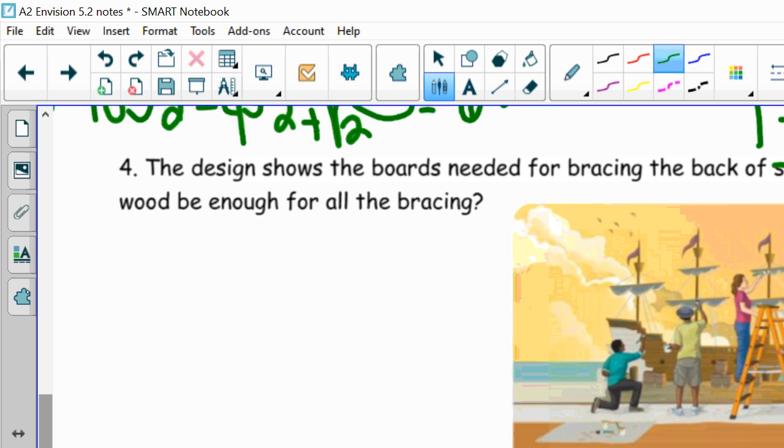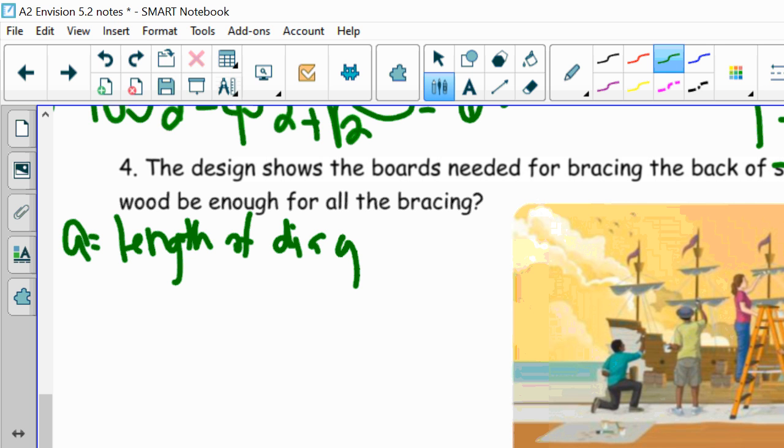Okay, so if I look at this diagonal and this diagonal, we're looking at the diagonal of the small square and the diagonal of the large square. So I'm just going to call A the length of the diagonal.